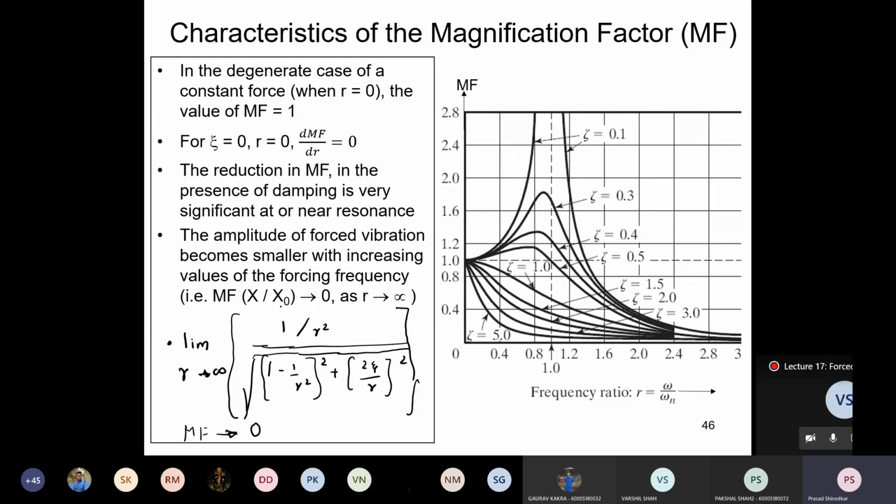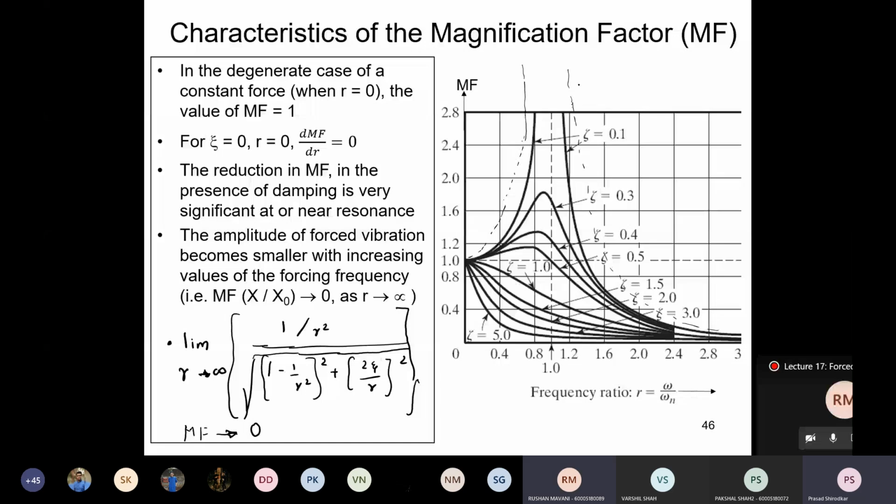Sir, there is no curve for zeta equal to 0. There is a curve for zeta equal to 0, it will be something like this. In this diagram it is not constructed, but for zeta equal to 0 it will really go to infinity. We constructed that separately while we discussed the case earlier, so here it is not shown.